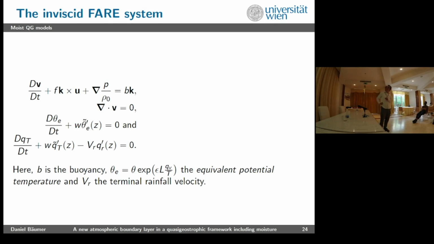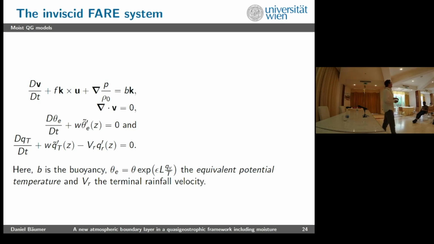So here we actually have an incompressibility condition, and this is the evolution equation for the moisture quantity I just mentioned. Theta E is given by this, and it's known as the equivalent potential temperature. So I explained what the potential temperature is supposed to represent. The equivalent potential temperature is kind of the same for moist air.